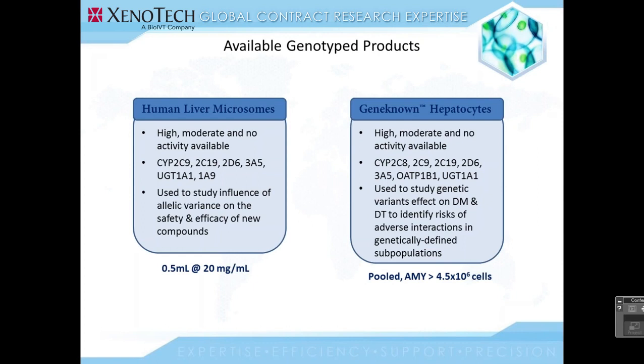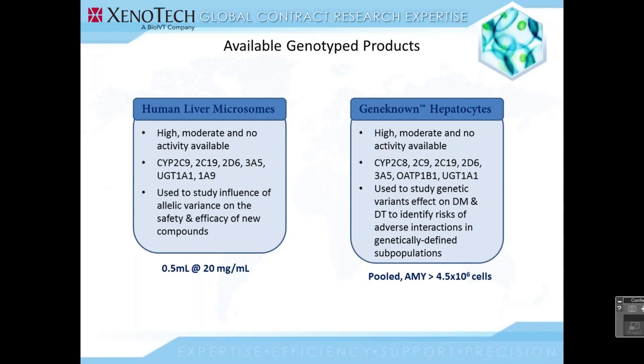As Maciej mentioned in his presentation, XenoTech currently sells 2 products, the first being the genotyped human liver microsomes. These are used to study the influence of allelic variants on the safety and efficacy of new compounds. These are supplied at 0.5 ml at 20 mg per ml of protein, and they're available as high, moderate, or no activities for CYP2C9, 2C19, 2D6, 3A5, UGT1A1, and UGT1A9.